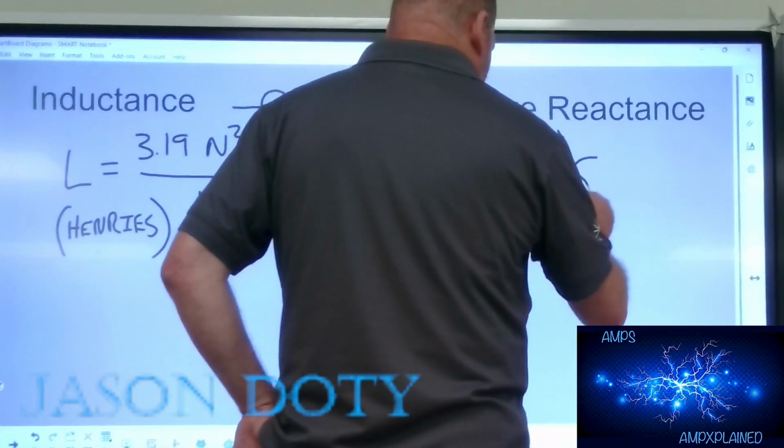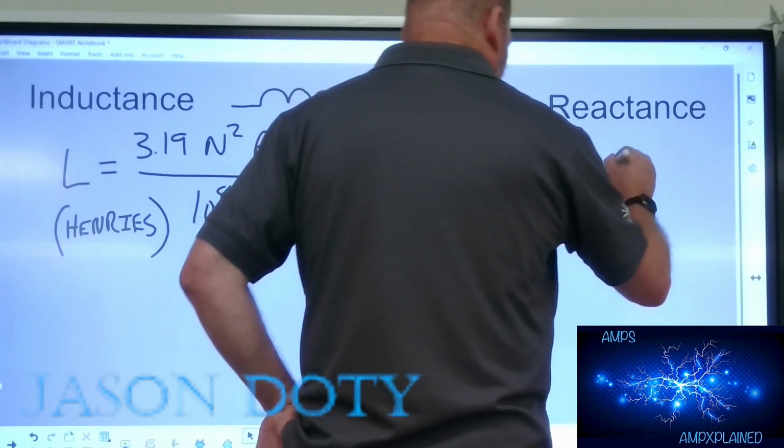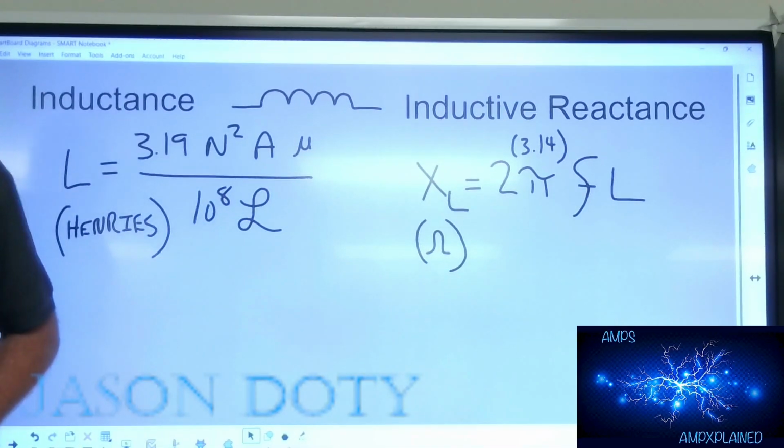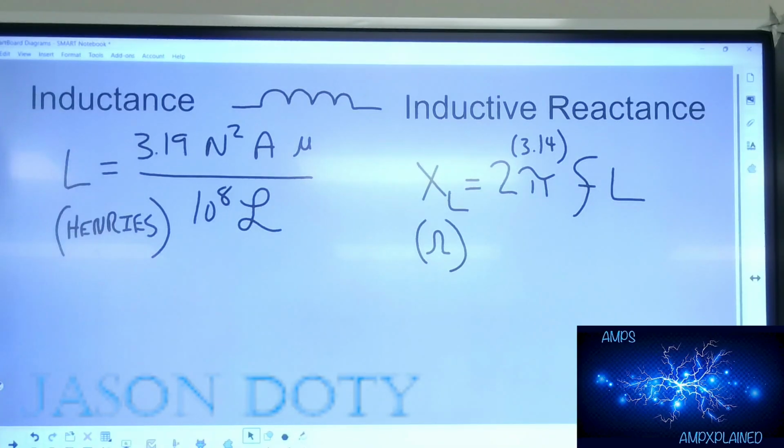And then we have F, and of course, L. L, as we know, is the Henrys from our inductance formula. So what's the F, you ask? When someone asks us, what factors go into inductive reactance? Truly only 2.